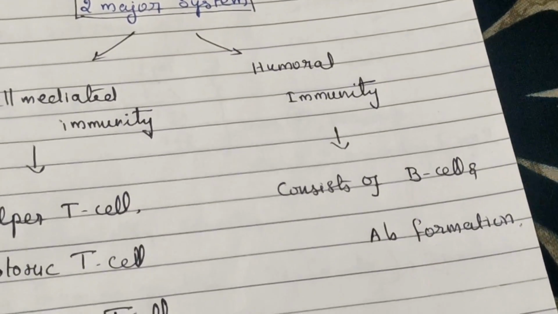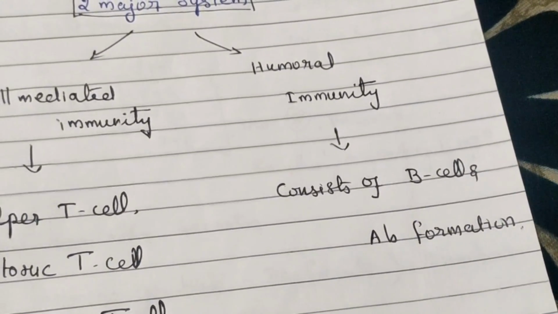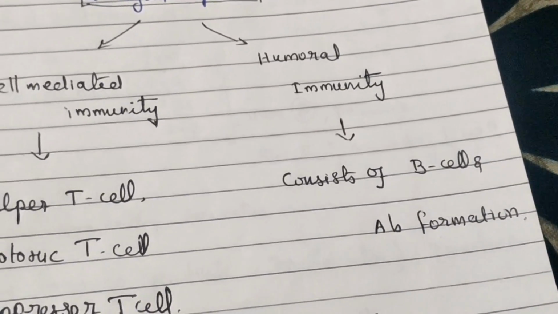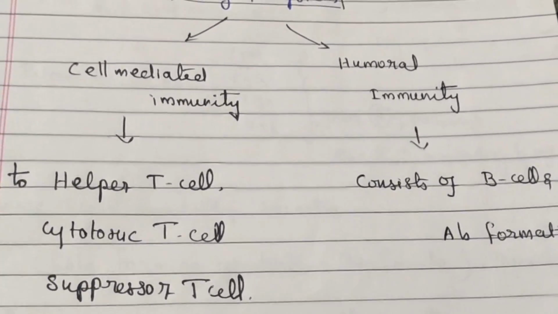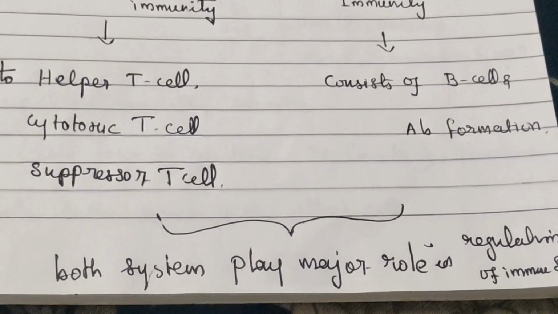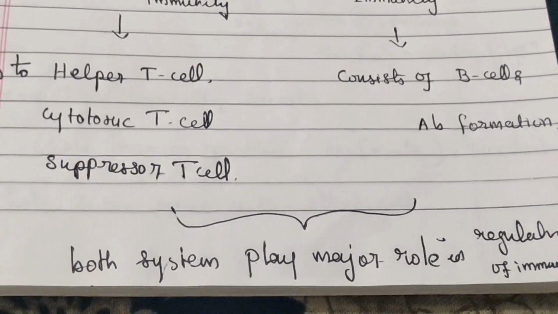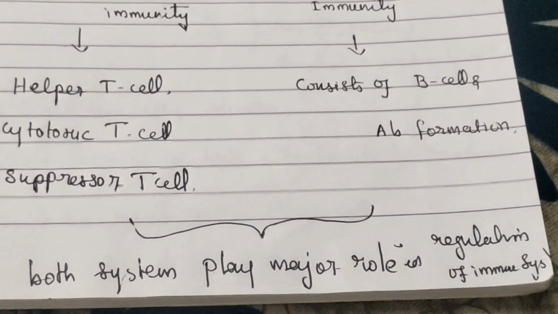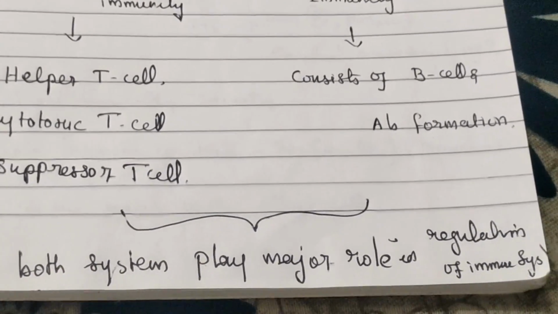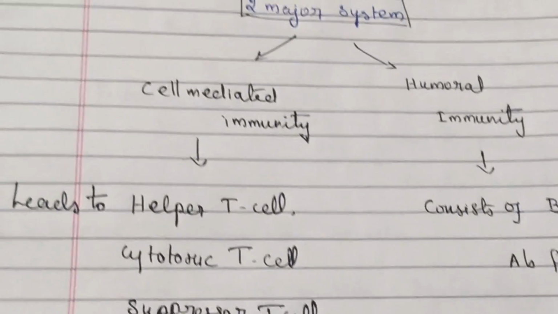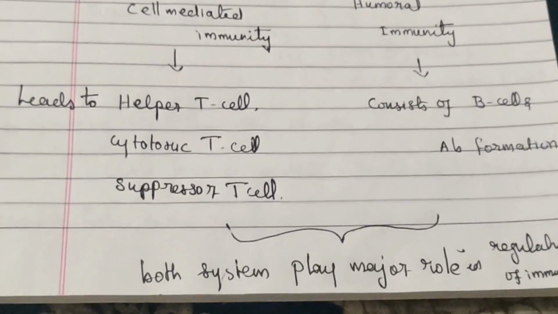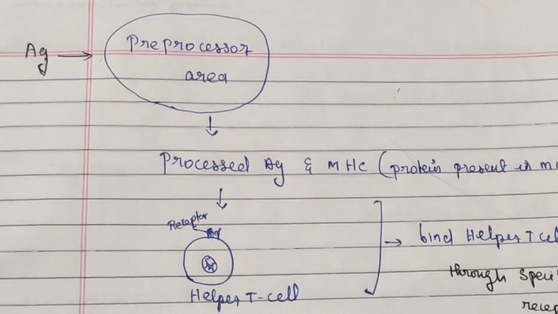Humoral immunity consists of B cells and antibody formation. These two systems play the major role in the maintenance and regulation of the immune system.